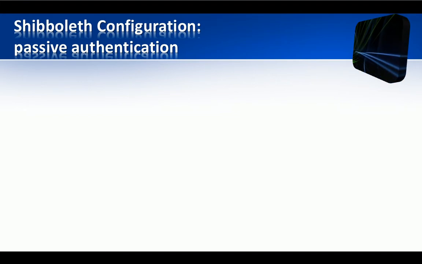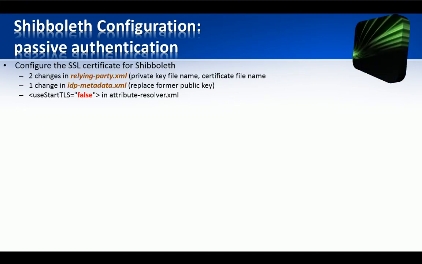Now we configure the SSL certificates for Shibboleth. We need two changes in the Relying Party file: the private key file name, the certificate file name, plus one change in IDP metadata XML. Let's do it.